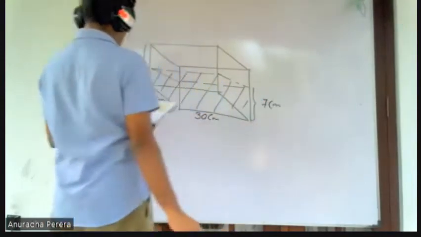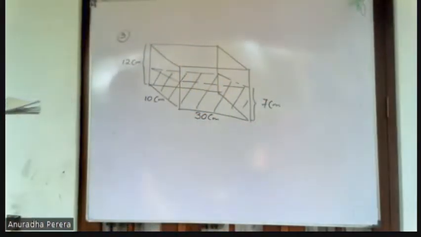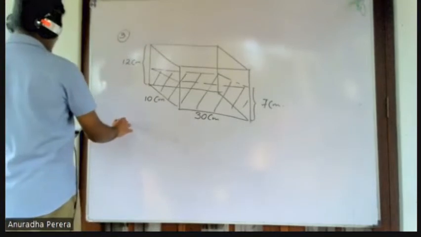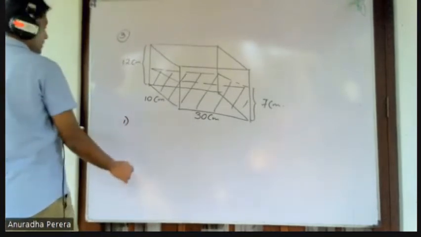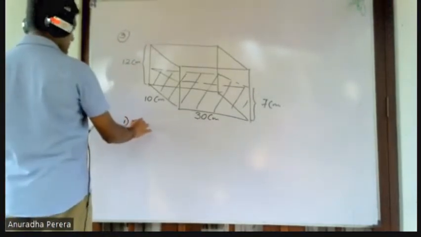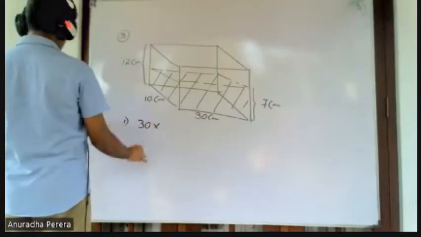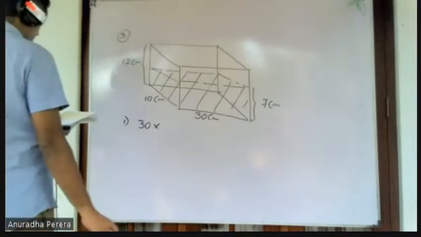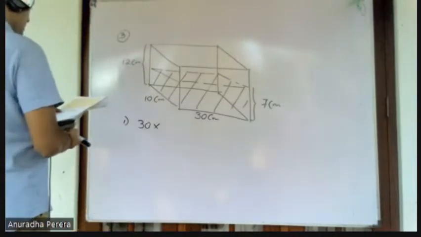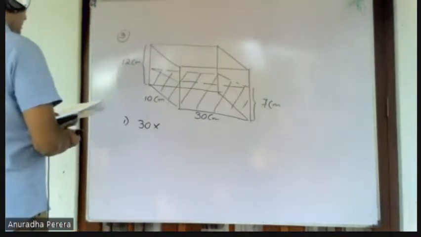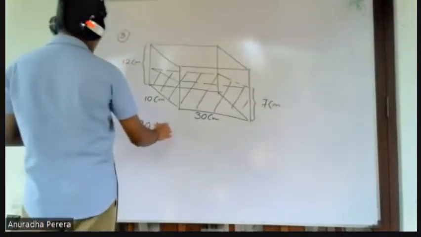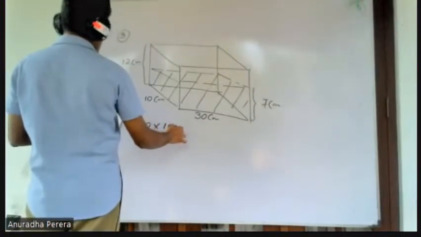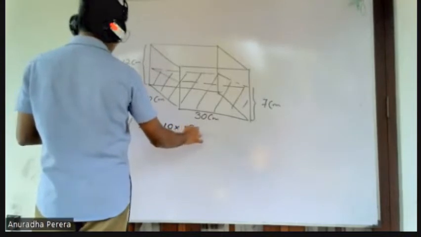The first question, the capacity of the container. To find it, we can take the product of 30 into 10 into 12.